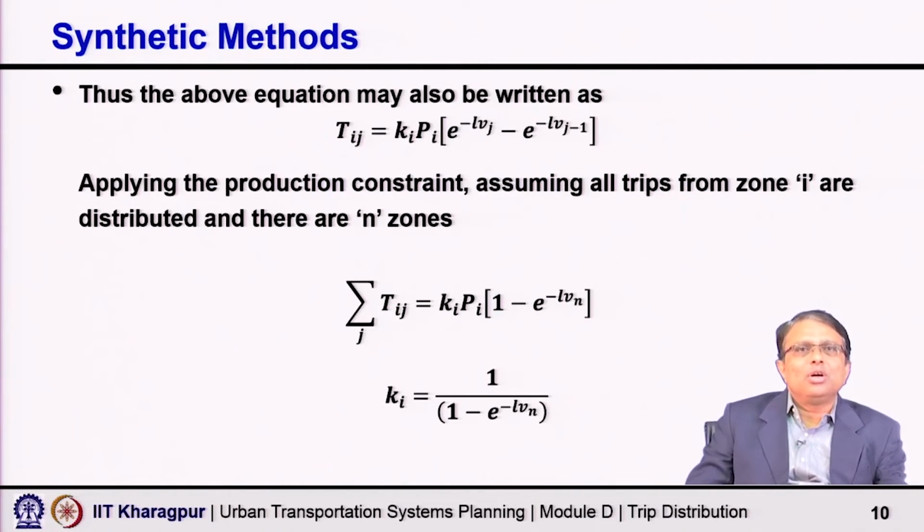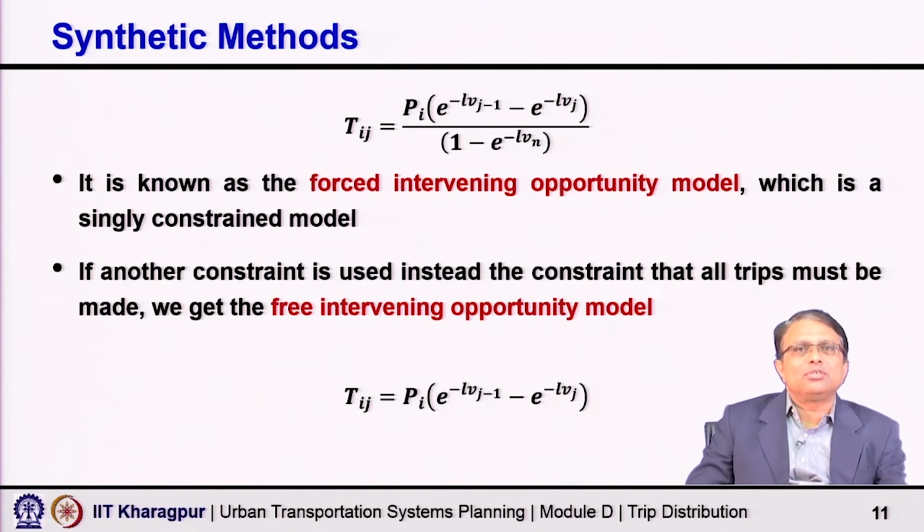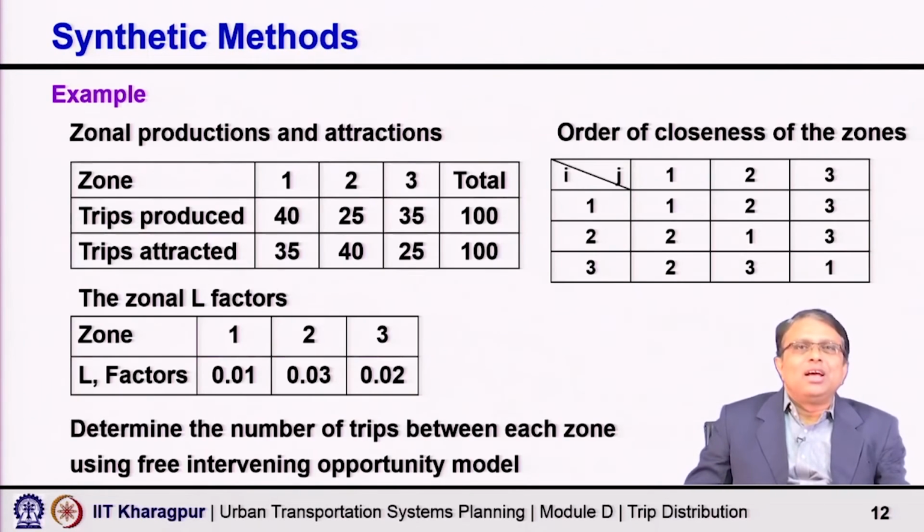This k equal to 1 minus e to the power minus L V n, that will not come. This is called the free intervening opportunity model. That means the production and attractions will never match. They will not match, and even the total number of trips we are not forcing, right.